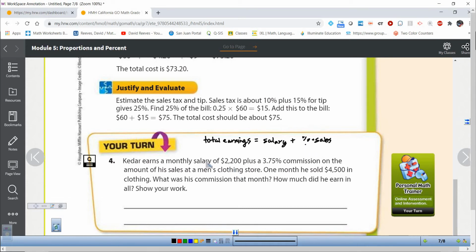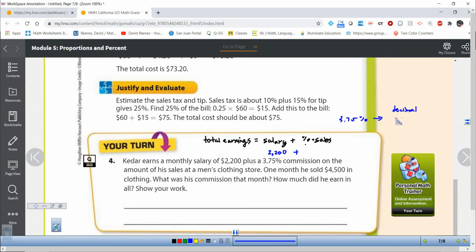If we take a look at this problem right here, what is Keeter's salary? Keeter's salary is $2,200, plus the percent, which is 3.75%. And remember, when you have a percent and you want to change it to a decimal, you move the decimal 2 places to the left.